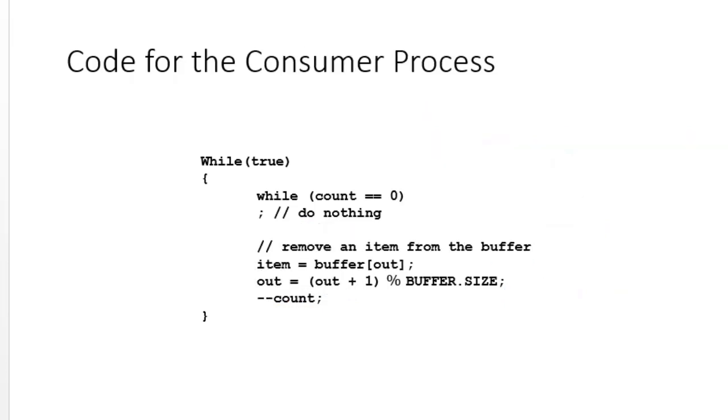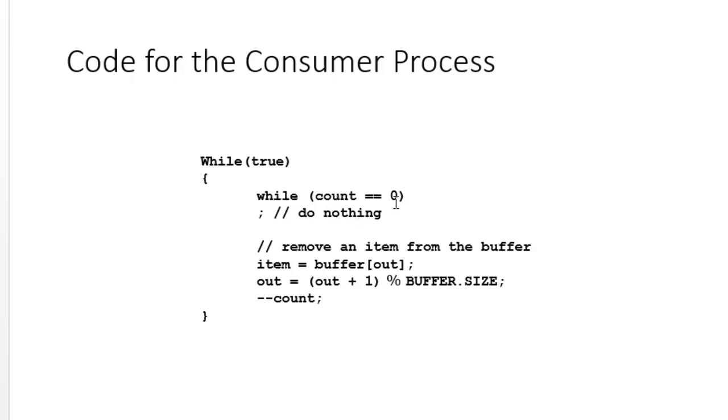Now we will look at the code for consumer process, and we know that in the consumer process, if count value is equal to 0, that means if there are no items that can be consumed, consumer has to wait till the buffer is populated with a few items, right?